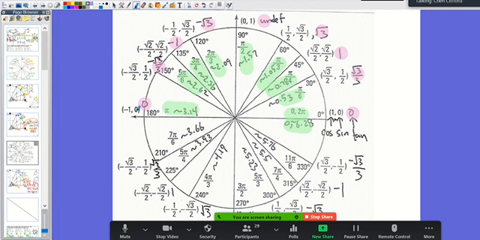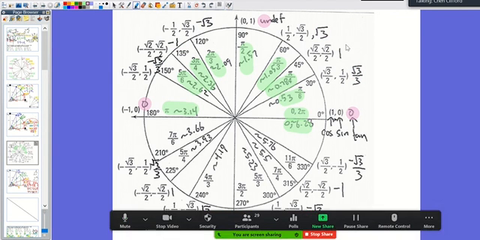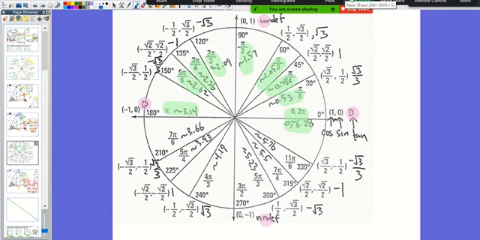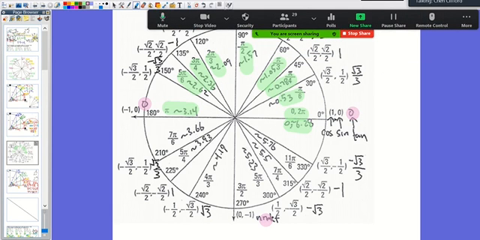However, if you do 0 over 1, sine over cosine, remember the second value is sine, the first value is cosine, 0 over 1 is going to be 0. So look out for these pink undefineds and zeros. Okay, that's the explanation of the unit circle.